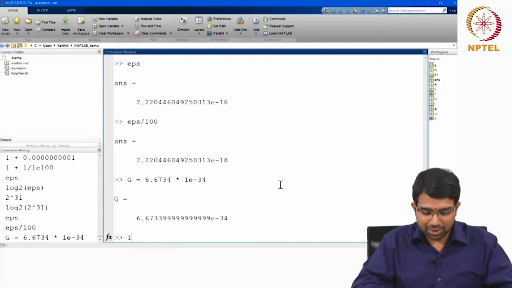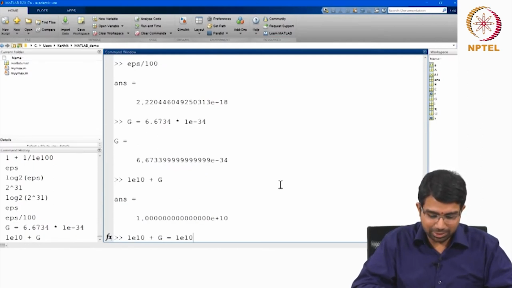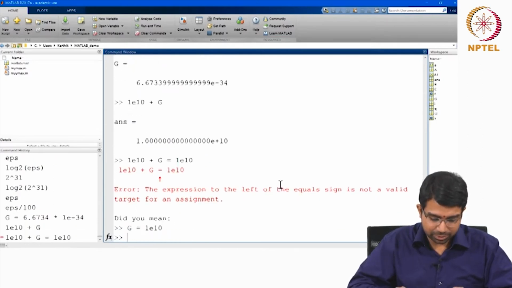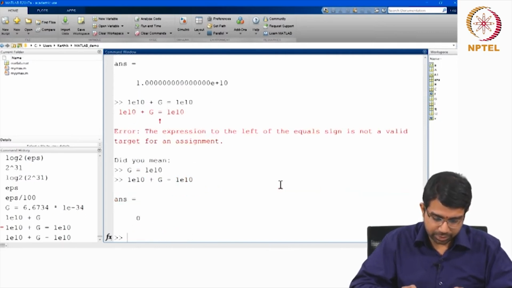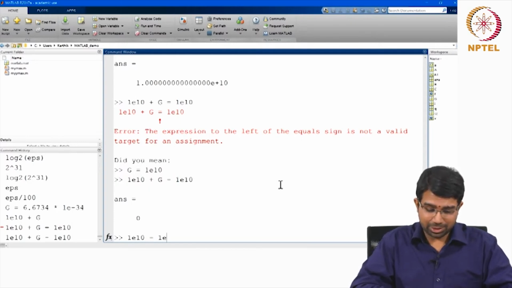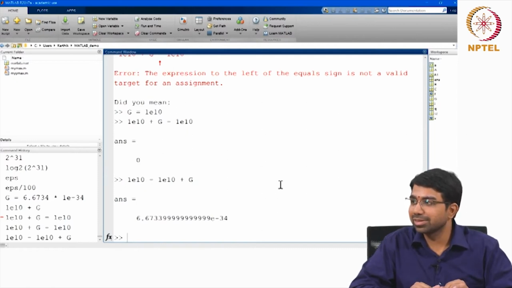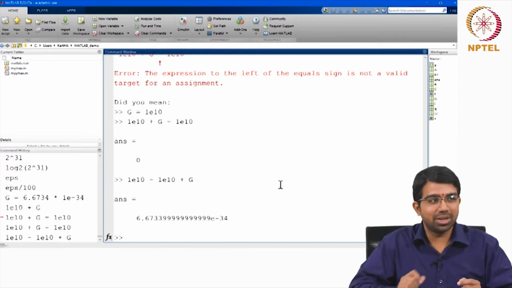Obviously, I can't add 1E10 plus G minus 1E10, that will be 0, but 1E10 minus 1E10 plus G will be G. So, addition is no longer associative. Welcome to floating point arithmetic, right. A plus B plus C is not the same as A plus B plus C. So, these are some of the things you need to be wary of.